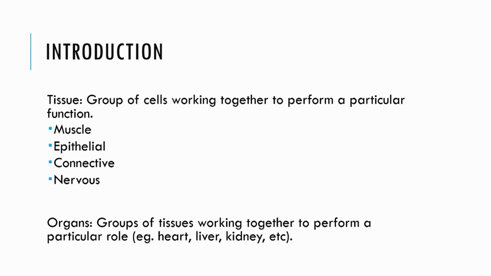So tissues are specific. We're looking at cells that look the same, act the same, do the same kind of job, and organs are collections of tissues working together to perform a higher function, and each of those tissues is going to contribute to the organ's function in a slightly different way.